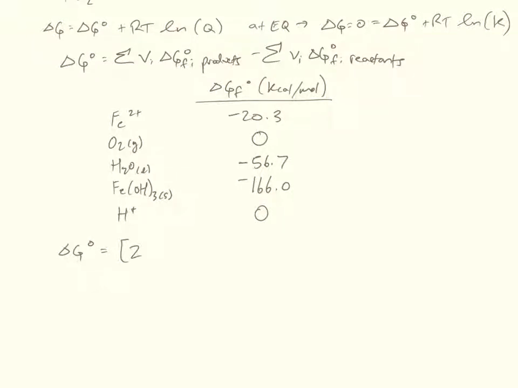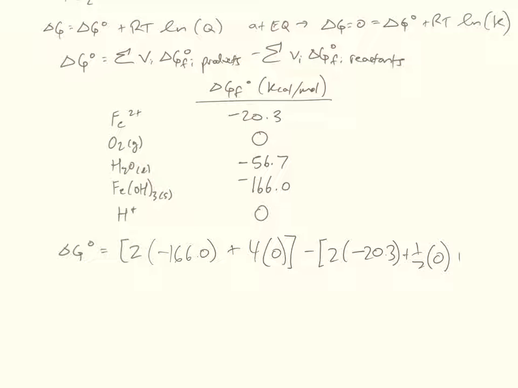I have 2 times FeOH3, so negative 166, plus 4 times my H plus, minus 2 times Fe2 plus, 1/2 times the oxygen, which is 0, plus 5 times water, negative 56.7, and that all amounts to negative 7.9 kilocalories per mole.